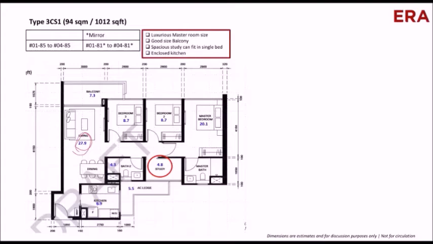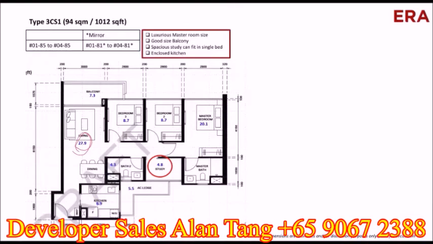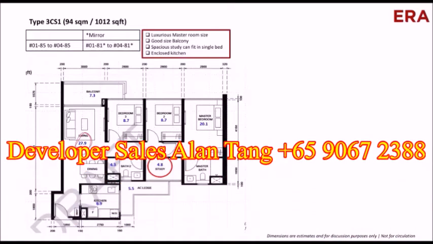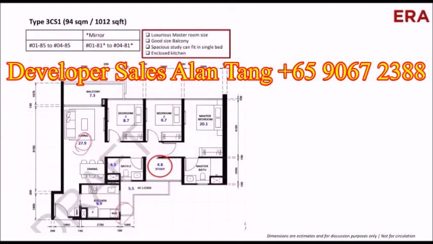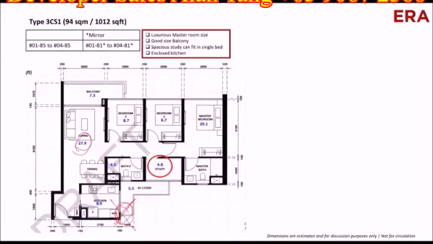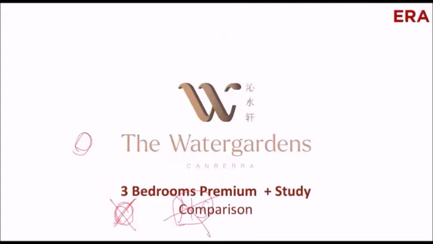So you see, more or less the space is the same. It's just that they do not have the extra toilet. You see, there's no toilet here. There's also no home shelter. So those three things are the main differences. Right, so that's for the 3-bedroom breakdown.